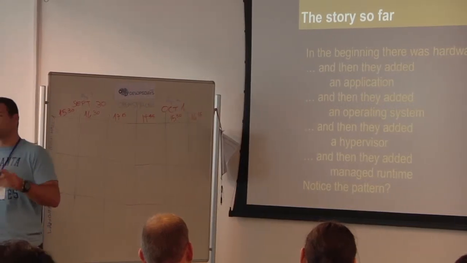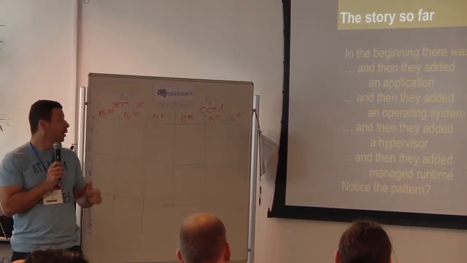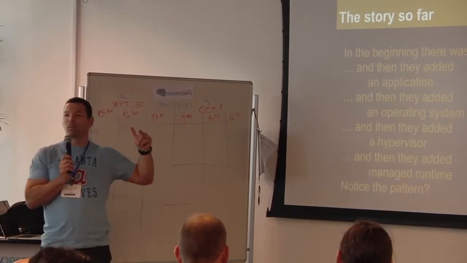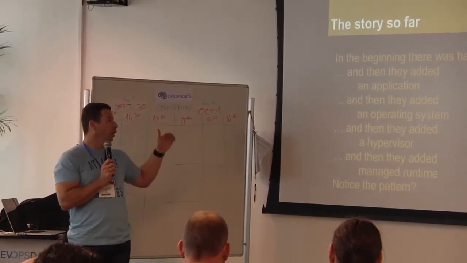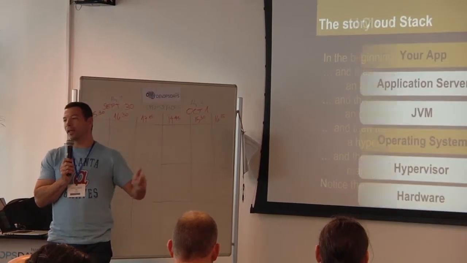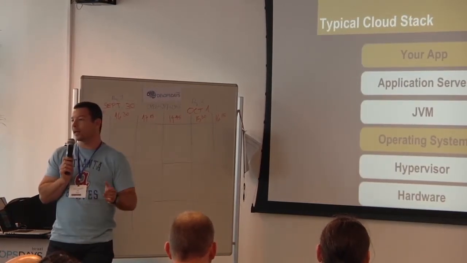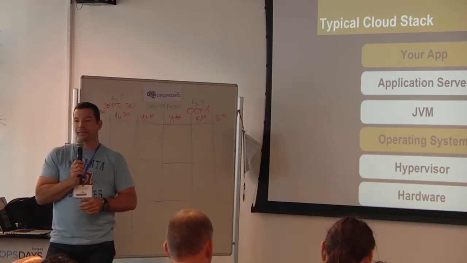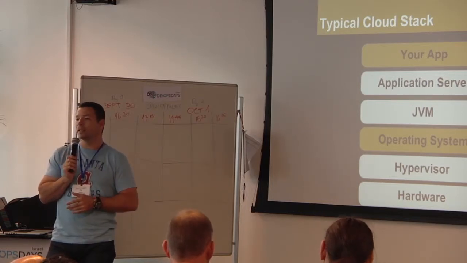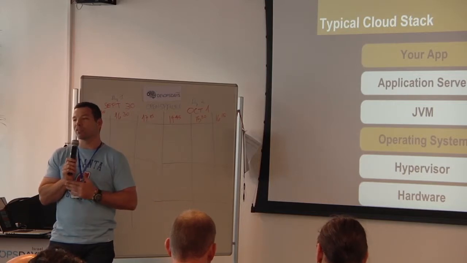If you look at the last 40 years of development, each of the programmers and the architects came up with a new layer, and layer over layer over layer. And this is how a typical stack looks in the cloud. And it's working, but it's not ideal in terms of management and in terms of performance.